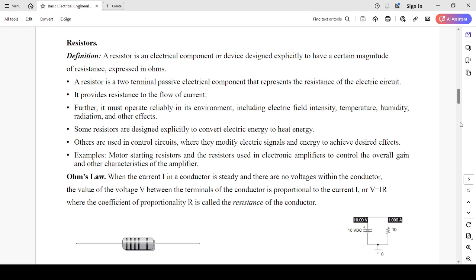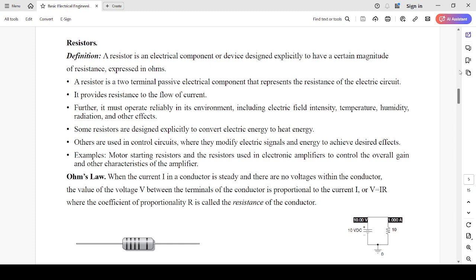So here, students, first of all, I will be starting with the discussion of resistors. In electrical systems, we will find there are two types of components, active and passive components.